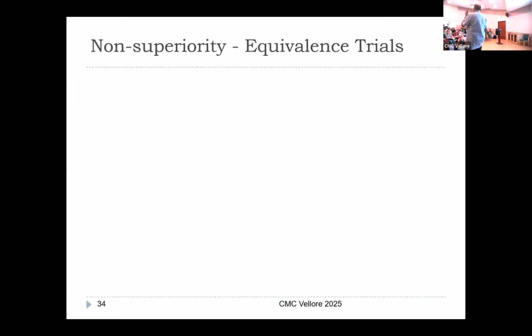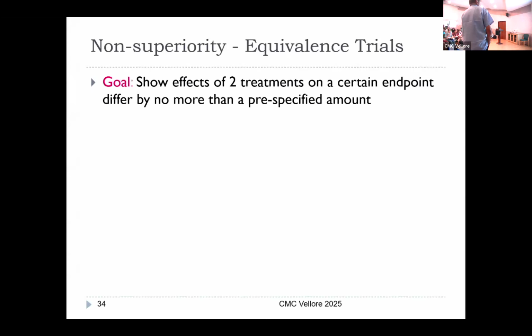Because showing that it's superior, it would have to be so much better. And if something already works, to have something so much better is a lot more difficult to get. And so I would require a very large sample size if it's just a little bit better. And so I don't want to show that. I want to show it's equivalent. Now, what does equivalent mean? So now we want to show that they're similar to each other.